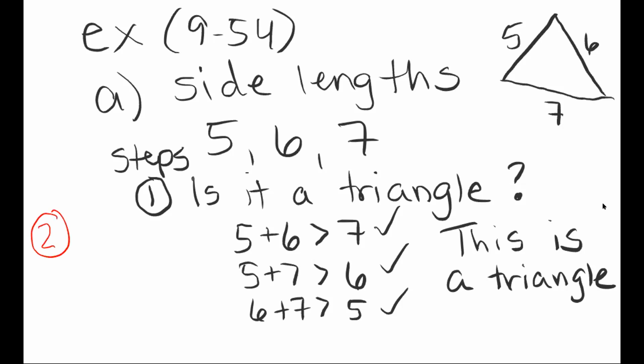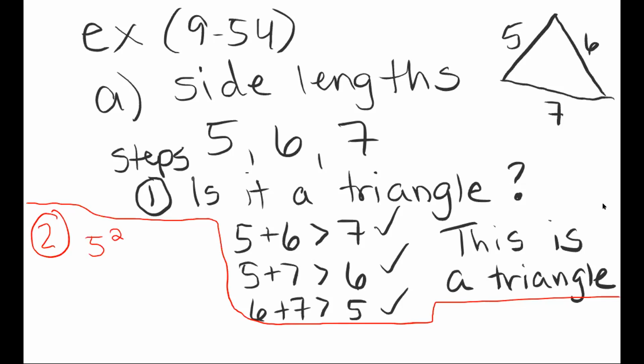I'll do it right over here so I don't have to lose my screen. Okay, so here goes step 2. You need to take each of the side lengths and square them. So you take 5 and do 5 squared, and that gives you 25. You take the side length 6 and square that. 6 squared gives you 36.